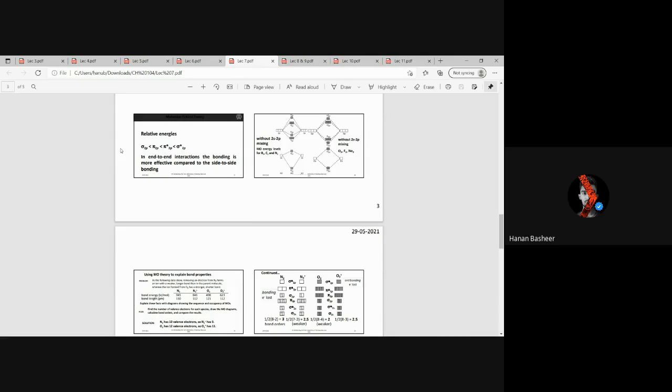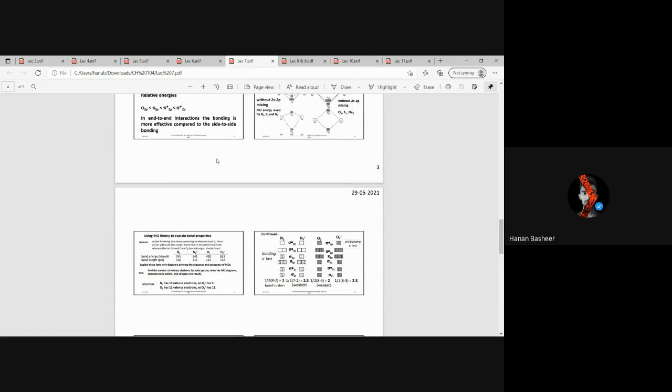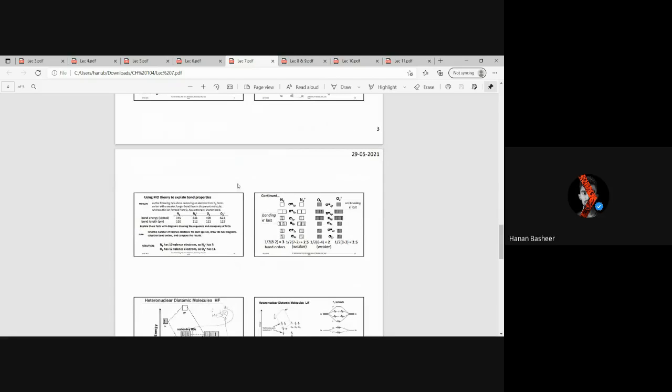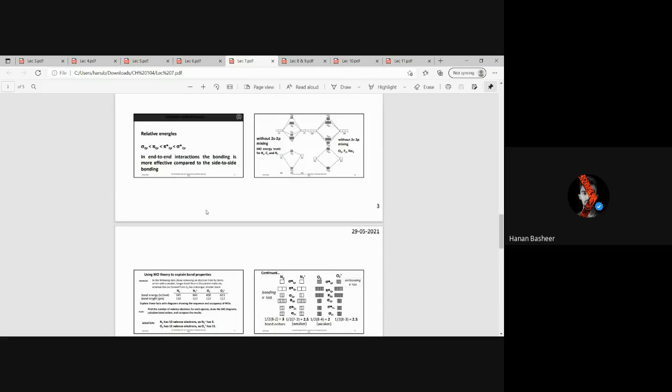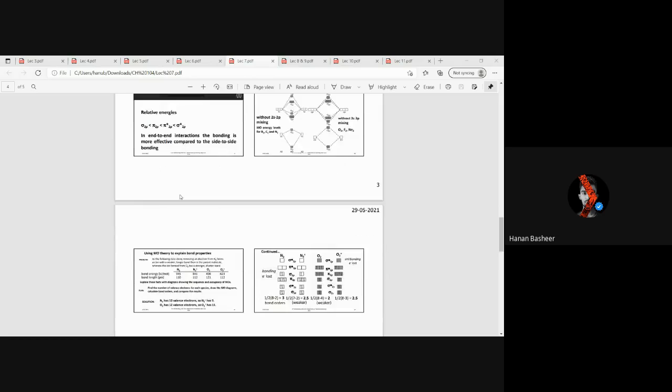This is the case of 2p, and in end-to-end interaction, the bonding is more effective as compared to side-to-side bonding. Then we have to keep in mind that there is a change in the pattern of the energies of these orbitals. Up to nitrogen, we observe that pi will be at the bottom, and from oxygen onwards pi will be at the second position.